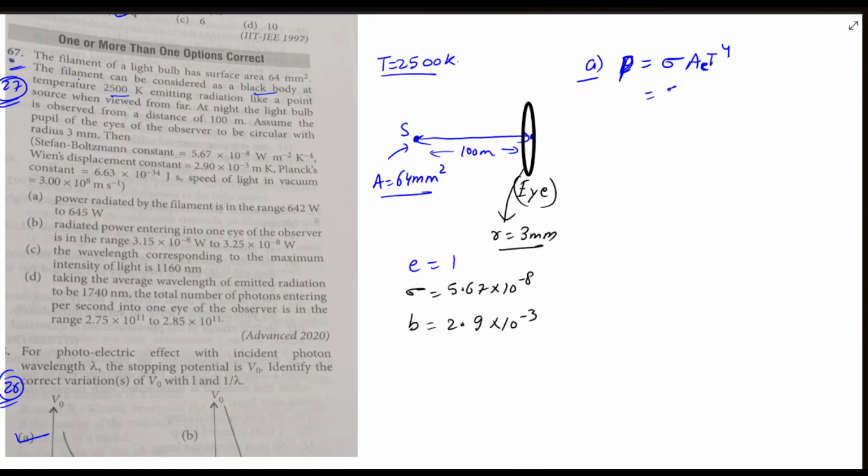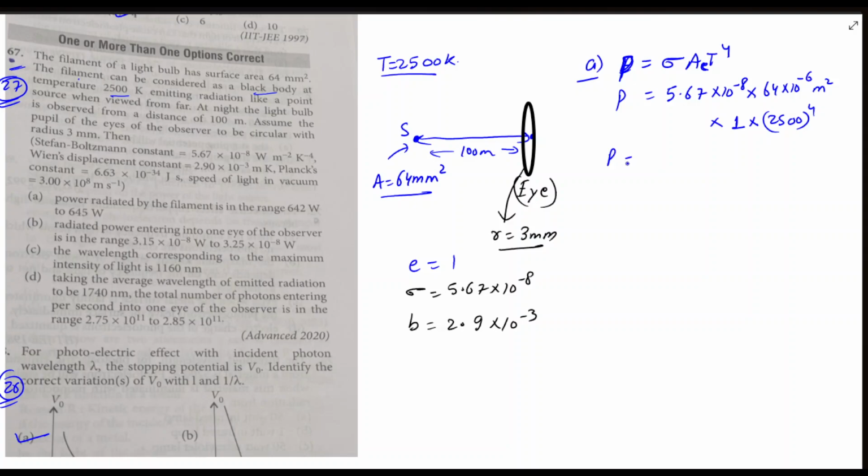So let's put those values. You'll get 5.67 into 10 raised to power minus 8. And the area, we have to take the area of this source, so it will be 64 into 10 raised to power minus 6 meter square. E is 1, and temperature is 2500 to the whole power 4.